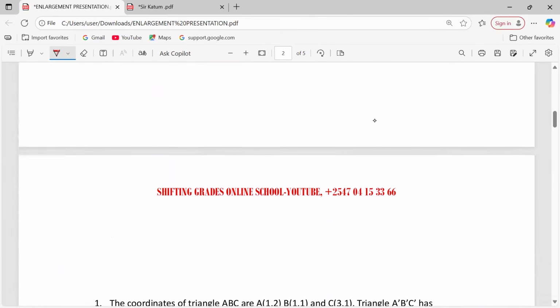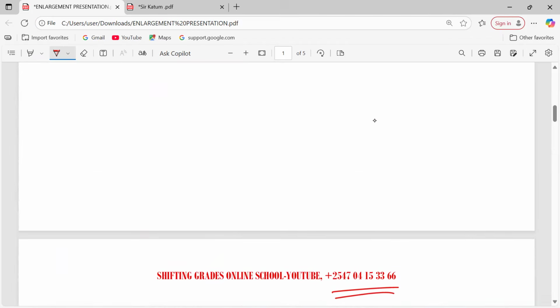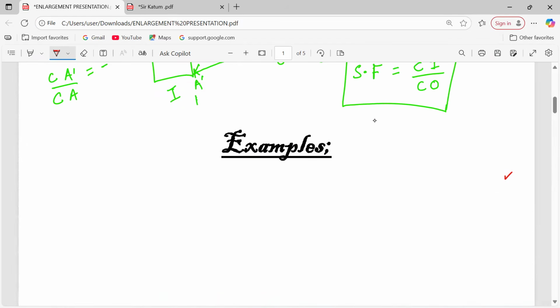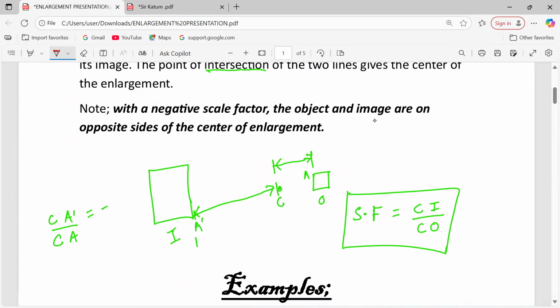There is something we said about the negative scale factor, and I want us to take it very seriously. With a negative scale factor, ladies and gentlemen, the object and its image are on opposite sides of the center of enlargement.